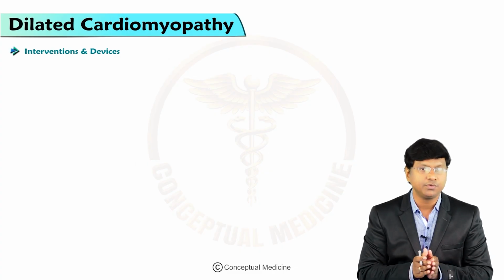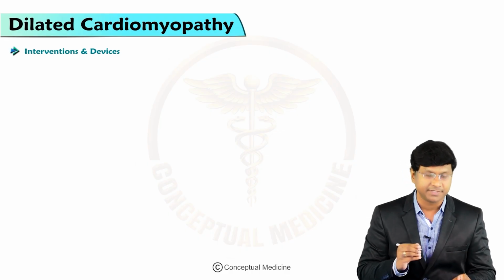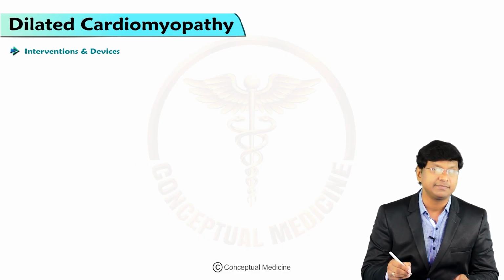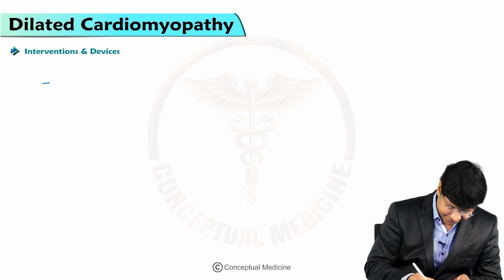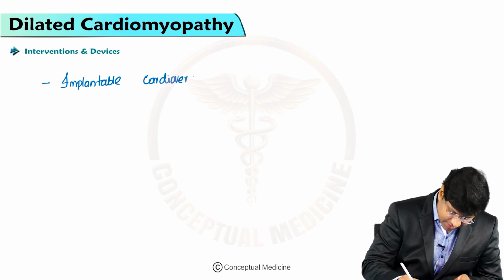So you need to know what are the devices which are required for the treatment of dilated cardiomyopathy. That includes, number one, these patients may require the implantation of an implantable cardioverter defibrillator. What is the purpose of this implantable cardioverter defibrillator?